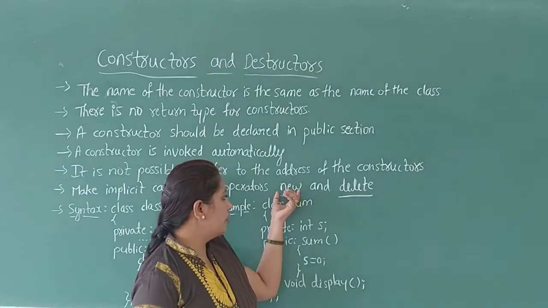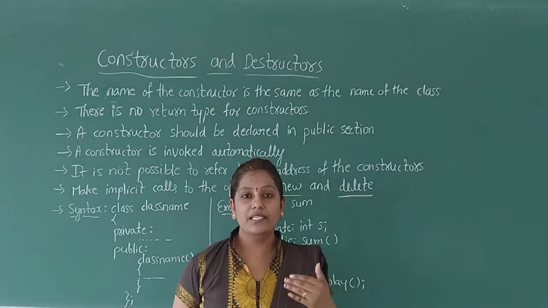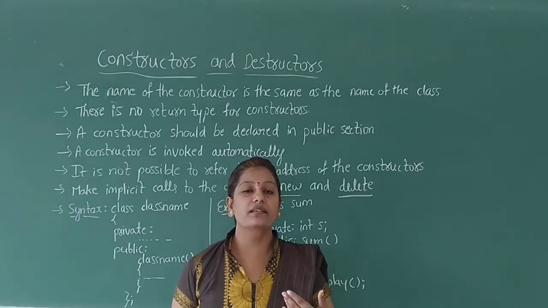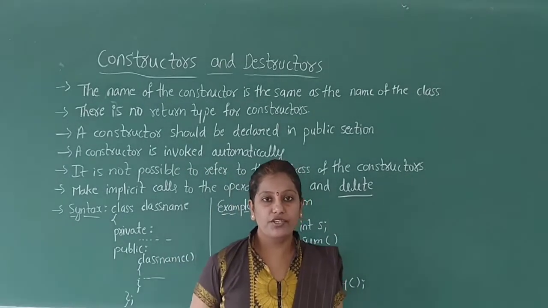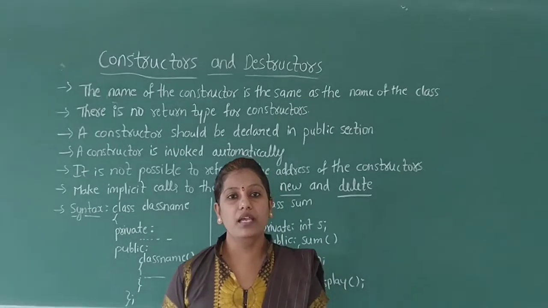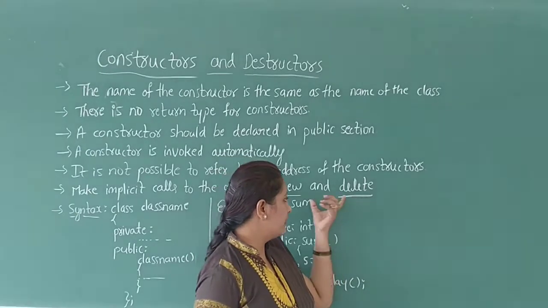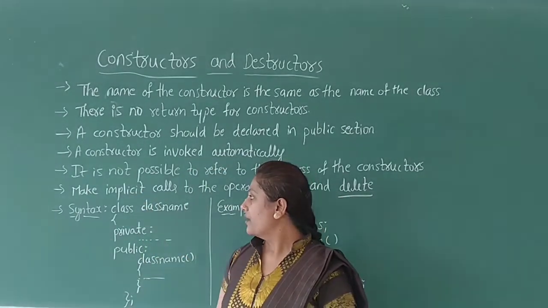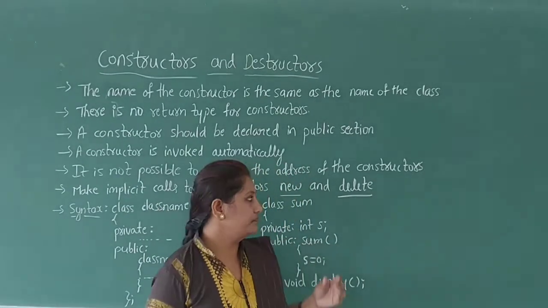The new operator provides memory spaces to the user for storing data or information or program instructions, and the delete operator frees up the memory spaces which were allocated to the user. And these two operators are used in the constructor by making implicit calls in the program.